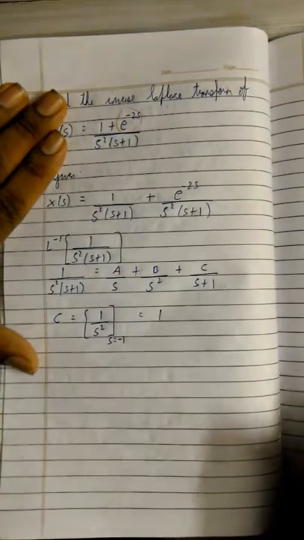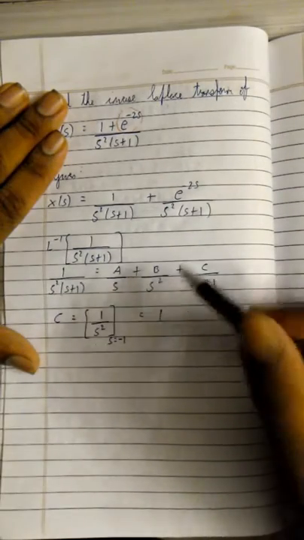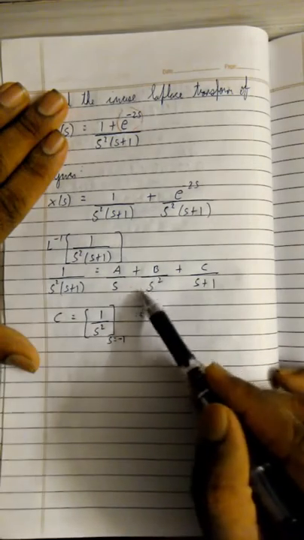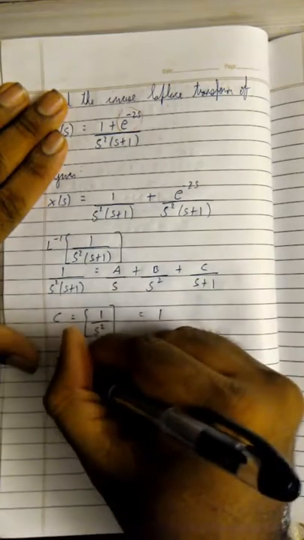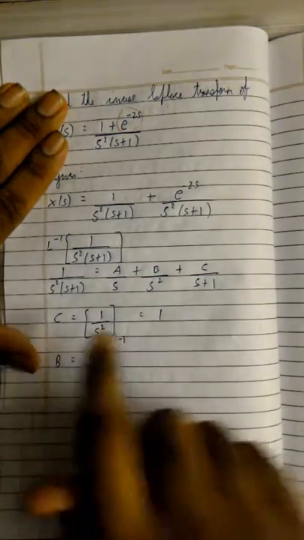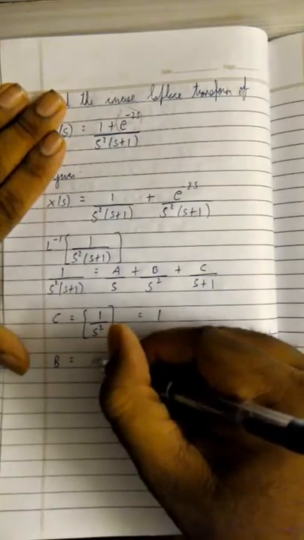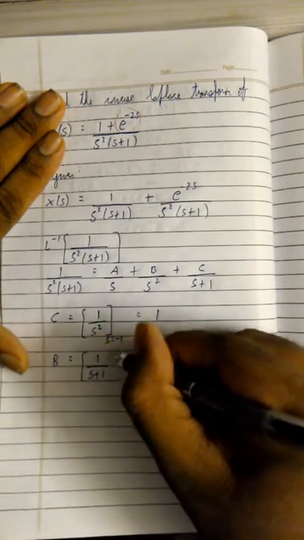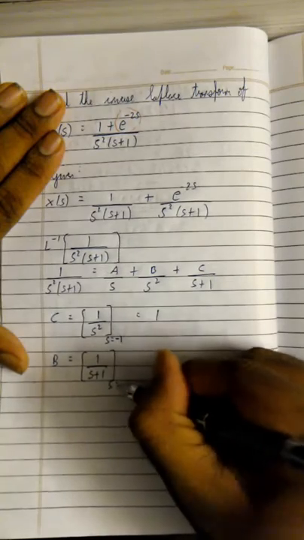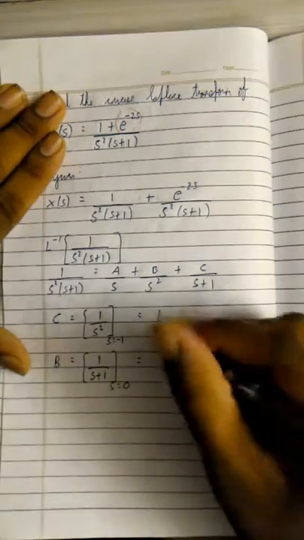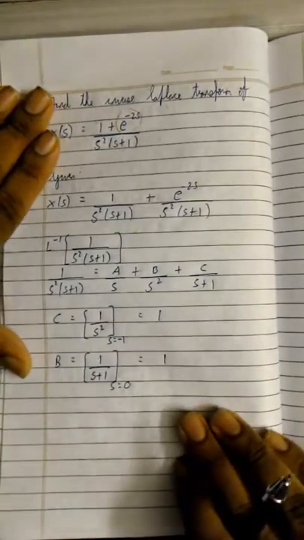Likewise I can find the value of B because B also has the complete factor. Remove s square from here, so the remaining term will be 1 by s plus 1, and then substitute s is equal to 0. You will get B also equal to 1.